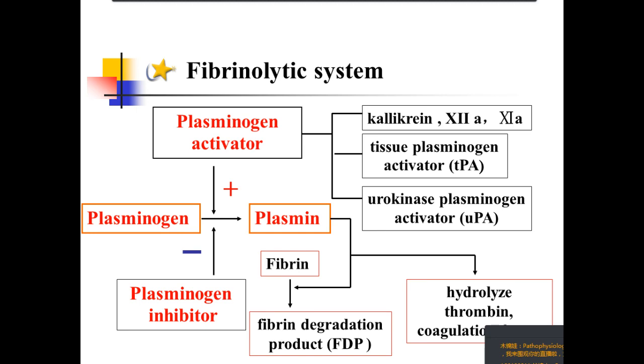So the next, in the blood, what will increase? FDP will increase. If we know the patient's blood FDP increases, we know the patient's plasmin increases and the fibrinolytic system is activated. Understand?